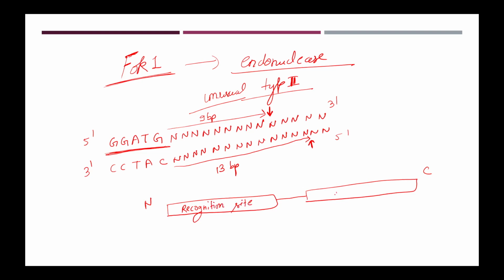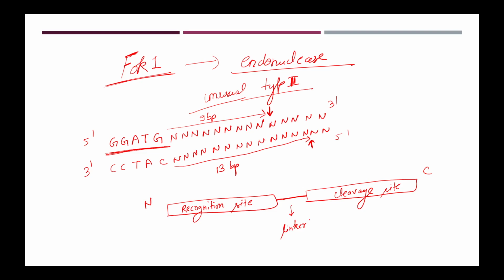And the C terminal is the cleavage site or the catalytic site of this particular enzyme. They are linked together with a sequence which is called the linker sequence. So this is the structure of this particular protein.